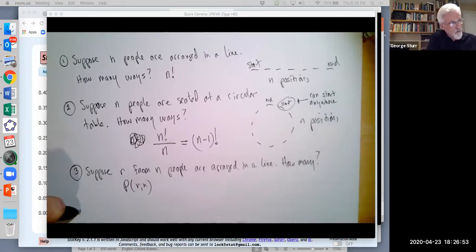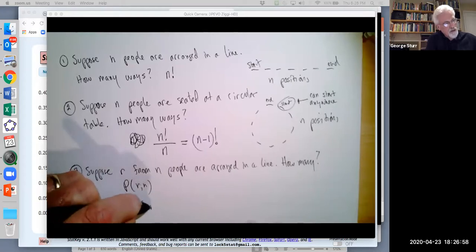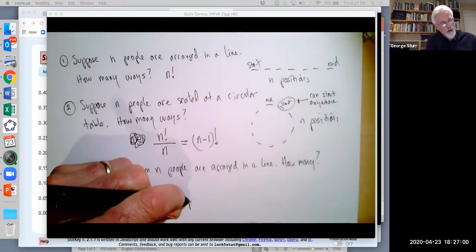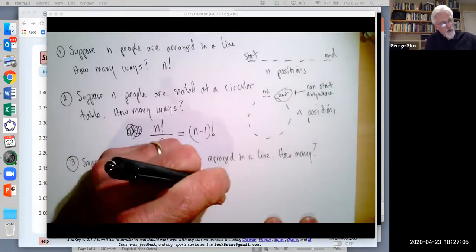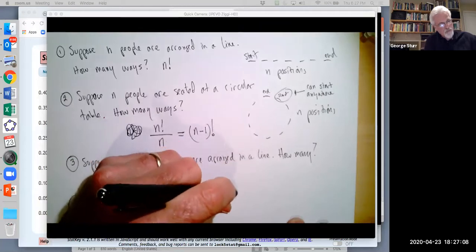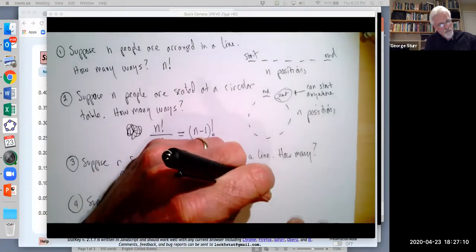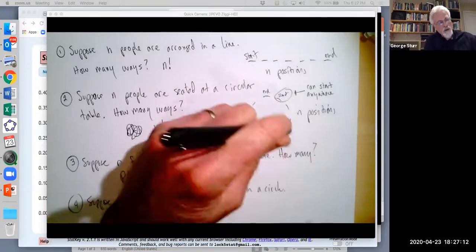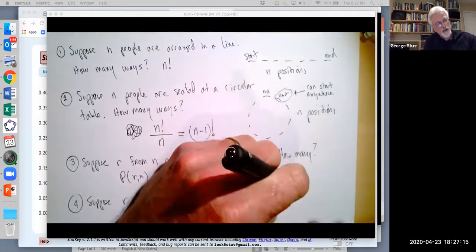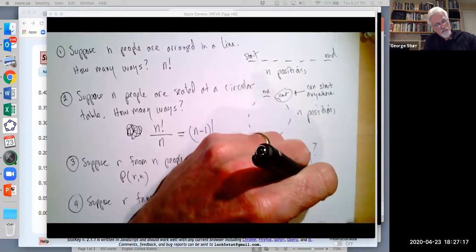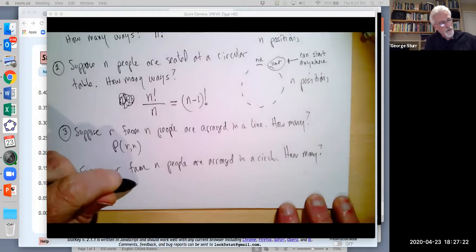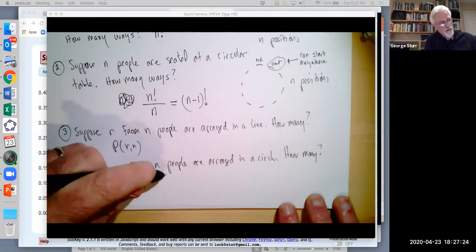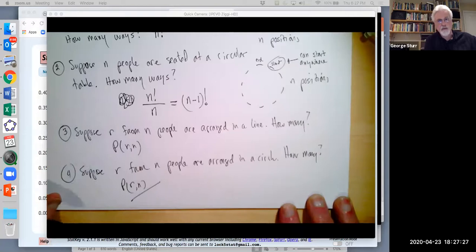Now, 4. Suppose r from n people, or objects to make it more general, are arranged in a circle. I probably should have said how many arrangements here. I got lazy. This would be the number of permutations of r from n, but divided by what?